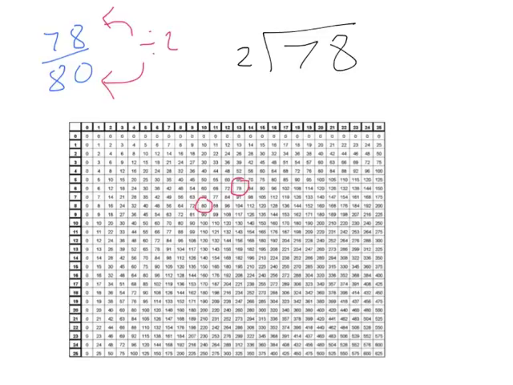Now, if you look at the multiples of 2, you can see that 2 times 3 is 6, or 6 divided by 2 is 3. So 2 goes into 6 3 times equally. 6 is the closest number to 7 without it going over. So I can say that 2 goes into the number 7 equally 3 times.